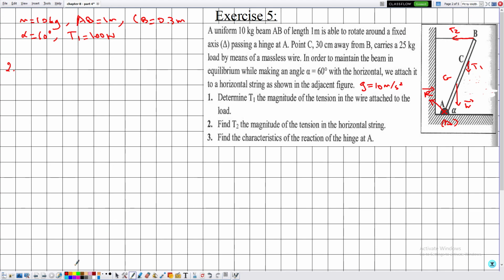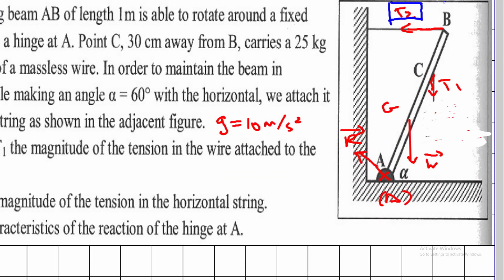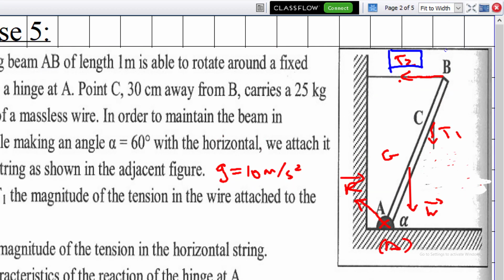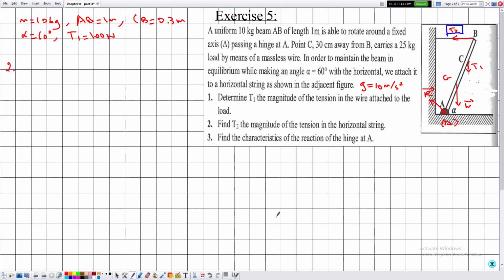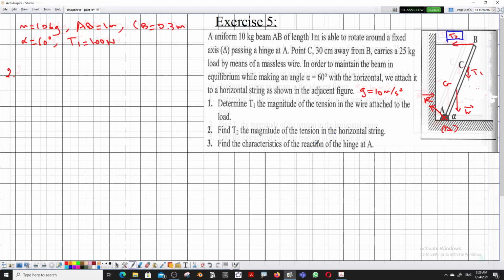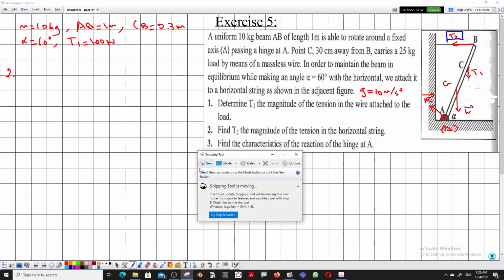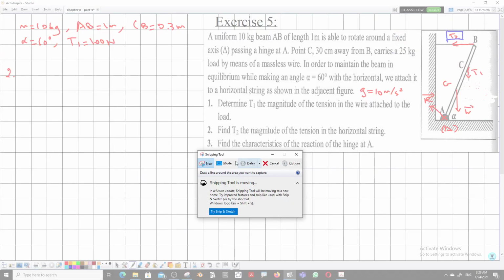Now we are interested in determining the value of this tension, so let me place it in a box. And for sure we need to use the condition of equilibrium to determine the tension T2. Let me do the following, because this is the first time that we solve exercises of this type.